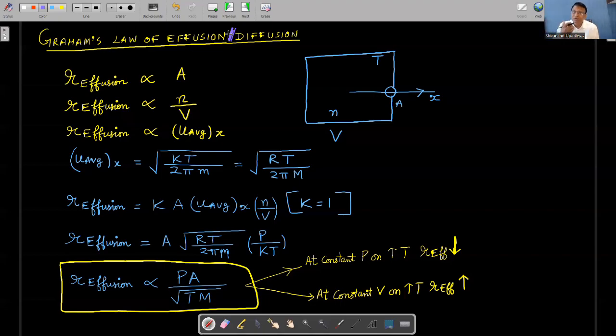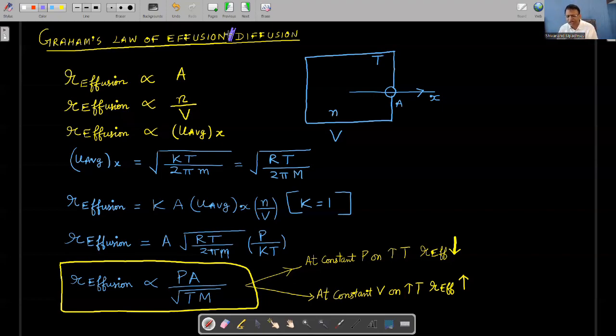So when that gas is moving, already there is air in the room, right? When the gas particles come out of that cylinder, they collide with the particles of nitrogen and oxygen present in the container. This is mixing of two gases. So diffusion is related to mixing of gases, while effusion is leakage into vacuum, right? And effusion is always followed by diffusion.